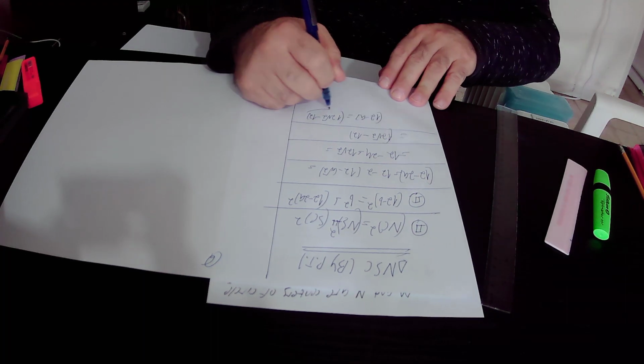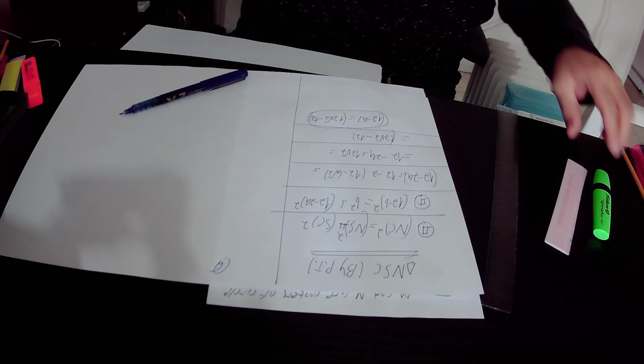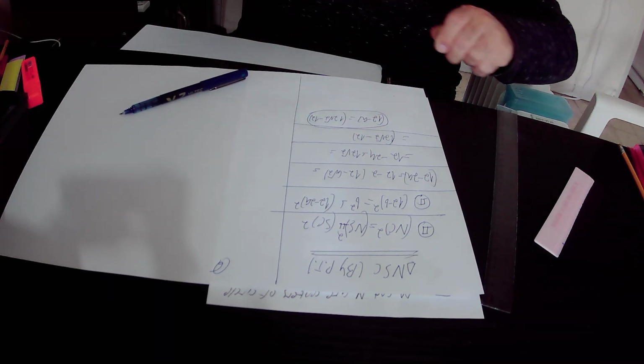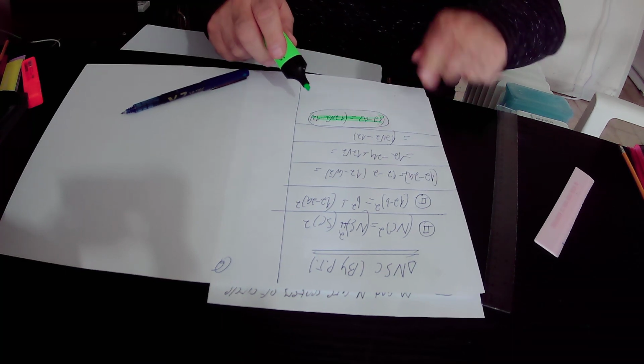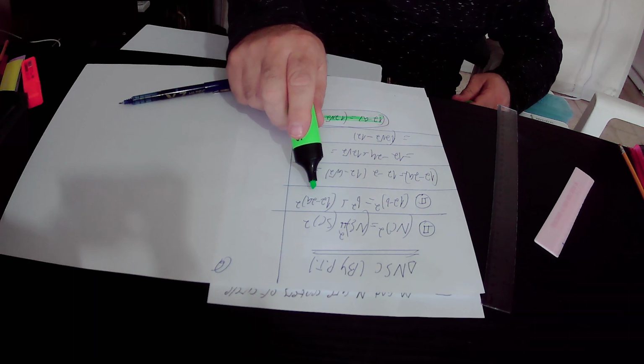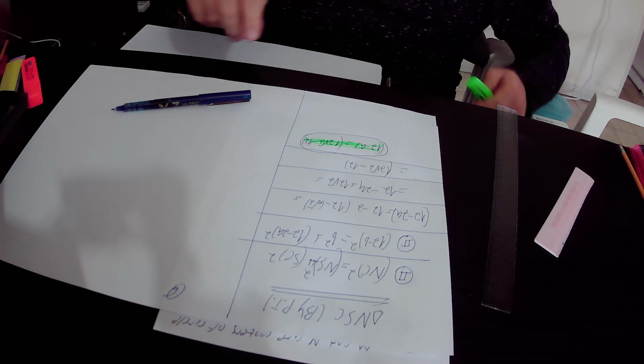Okay, so here we will substitute 12 minus 2A in equation number 2 by 12 times square root of 2 minus 12.